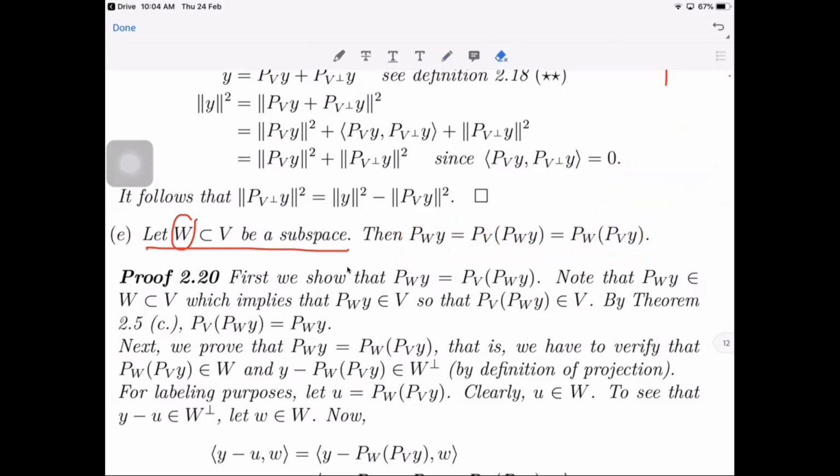So all of these are talking about projection.